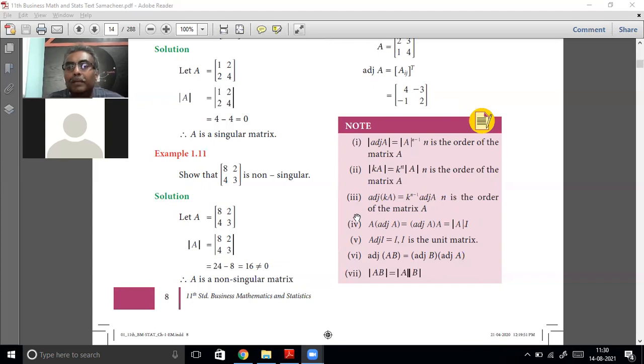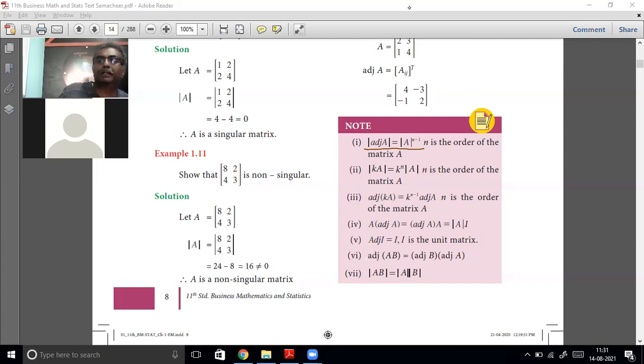For a 3 by 3 matrix, n is 3, so the adjoint determinant becomes A to the power of 2. I don't know where they apply these rules. If it comes up anywhere, I will let you know.